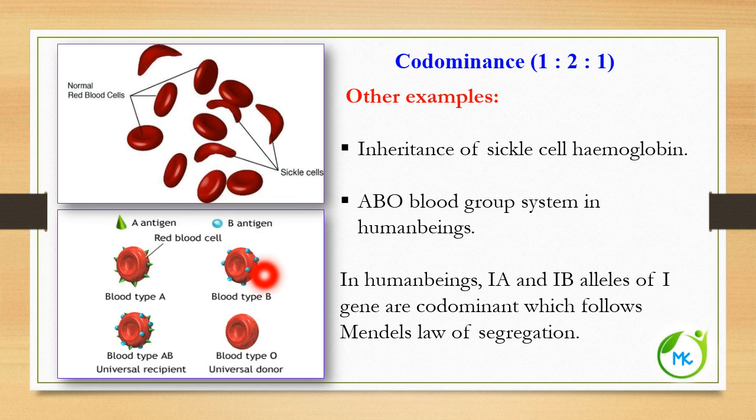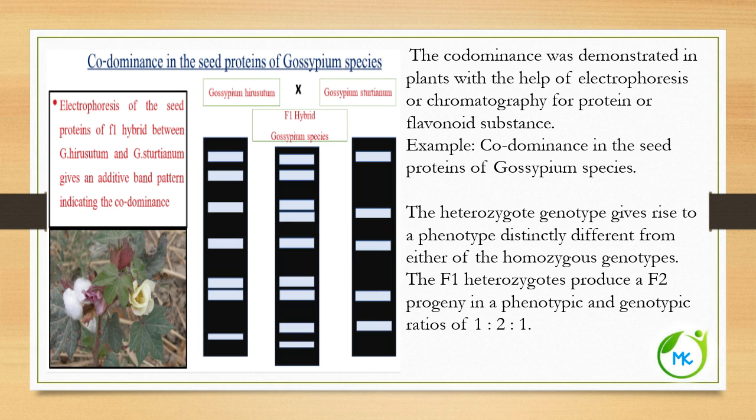And if it has got neither of the antigens, then it is called O blood type, and if it has got both A and B antigen, so here you could see both A and B antigen, so it is referred to as AB blood type. Again, it is codominance. Both A is also there, B is also there. So it is an example for codominance.